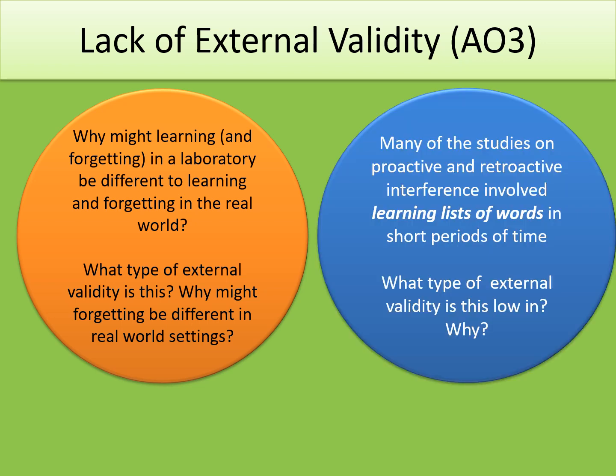And hopefully you're thinking about ecological validity, mundane realism. So many of the studies had a really fake task like learning a list of words, but that doesn't really explain forgetting in the real world. Like, why might we forget somebody's birthday, or why might we forget an appointment when there isn't really any interference?